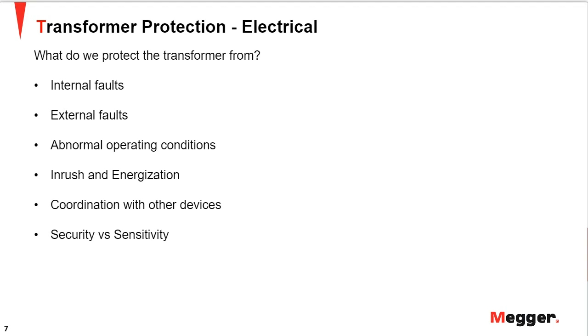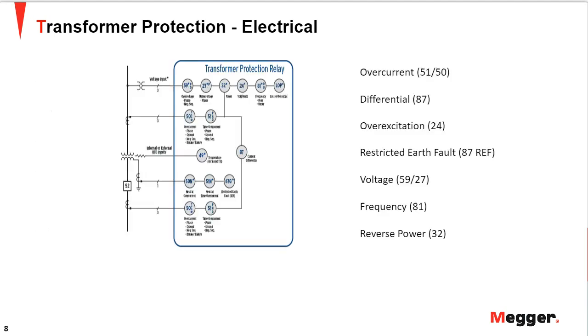We need proper coordination for these devices. And then you have the question of security, dependability, and sensitivity. Which protection do you want to use? How would you want to coordinate them? Because one protection can come in the way of another. So how would you want to design your protection, right? That's what we want to address.